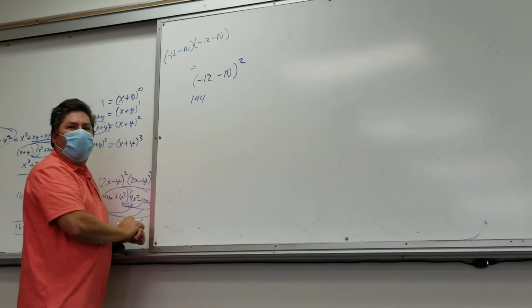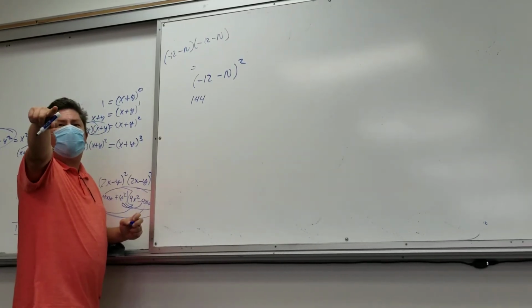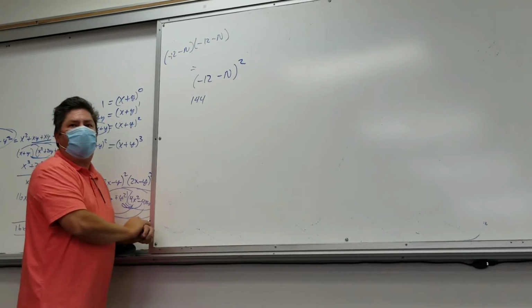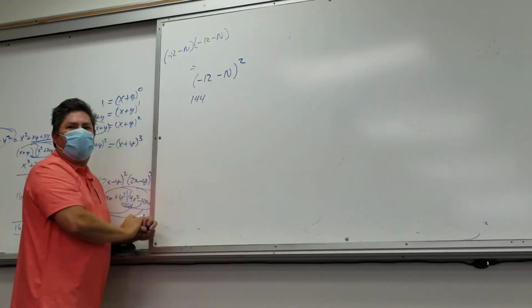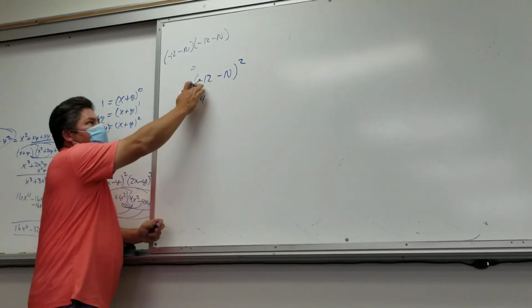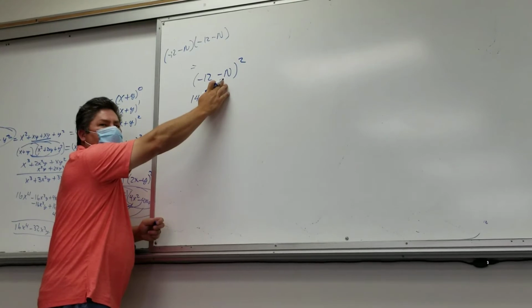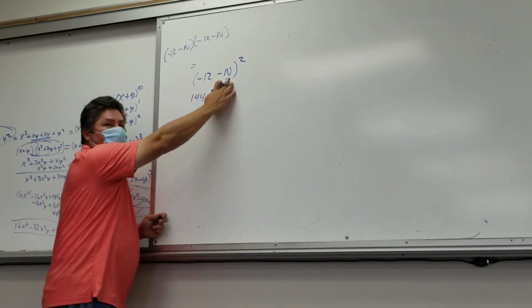Okay. Then I got first term times second term times 2. What's your name? Cadence. Cadence, what's that going to be? First term times second term, doubled. Negative times a negative is a positive. 12 times n is 12n.